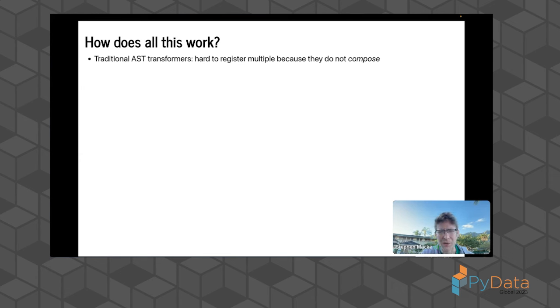So to give you an example of what I'm talking about, let's say I want to rewrite all binary operations with a plus to add a new binary operation. Well, if I'm doing this multiple times, it's kind of going to explode and they'll conflict with each other.